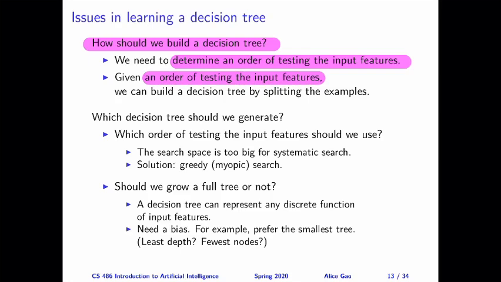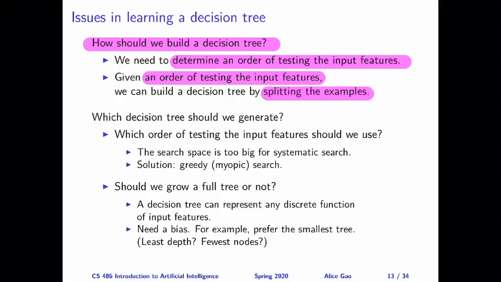Well, at each test, we take the examples that we have at that point and split up the examples based on the value of the input feature in each of the examples. I will show you the process in a minute.